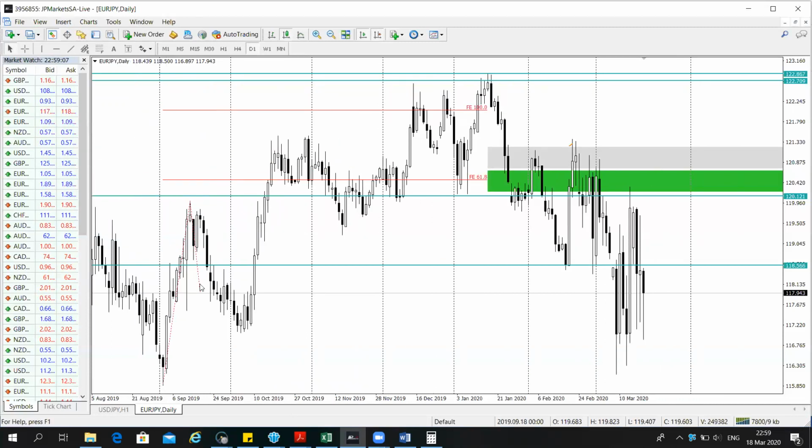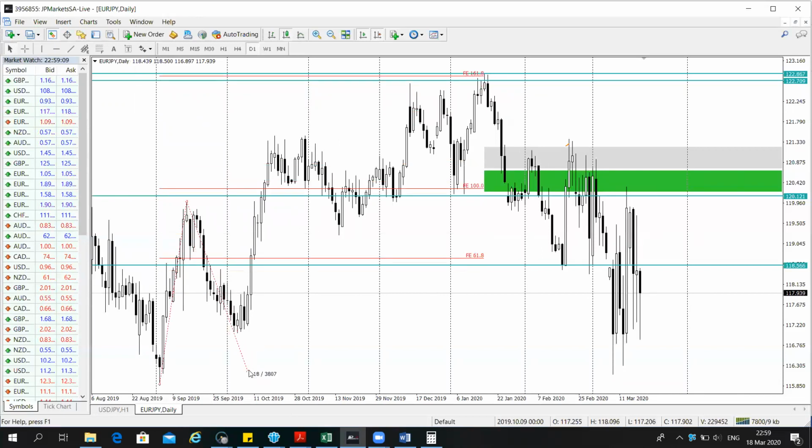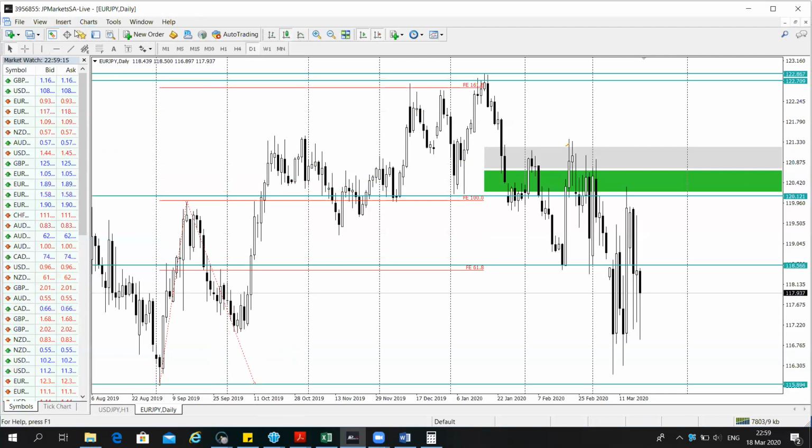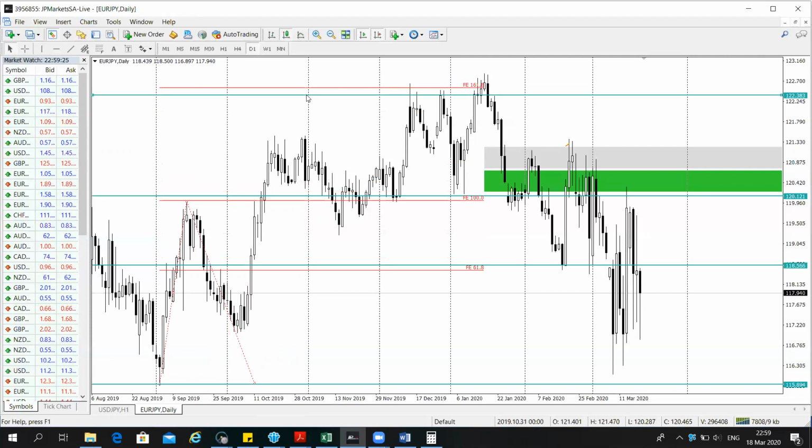Cool, to where it started. So now you're trying to identify up to where price is going to move. It tells us that price has to move all the way to the 161.8.